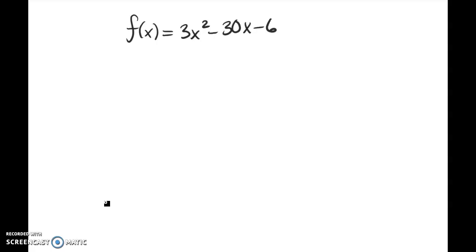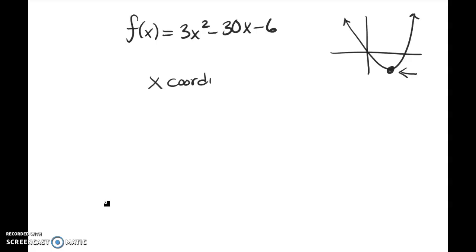And if I want to find the minimum value, it is going to be that vertex. So in order to find the vertex, I can find the x coordinate by taking the opposite of b over 2a. This will be at where it occurs. So I'm going to say occurs at here.